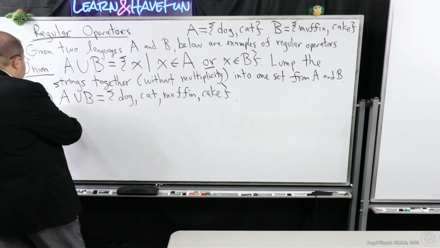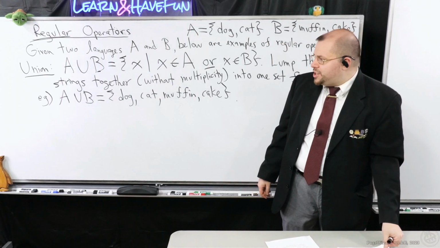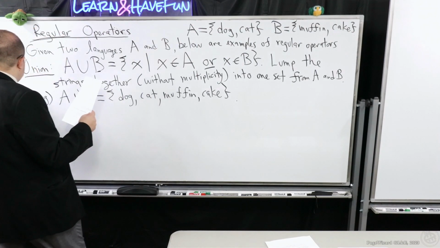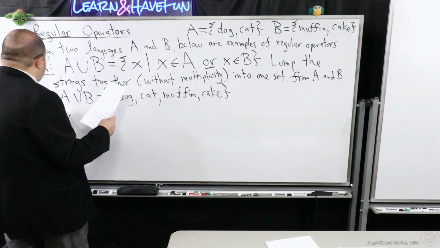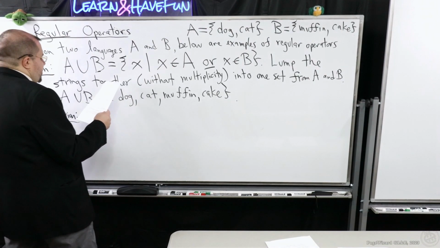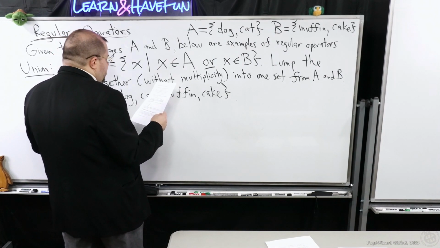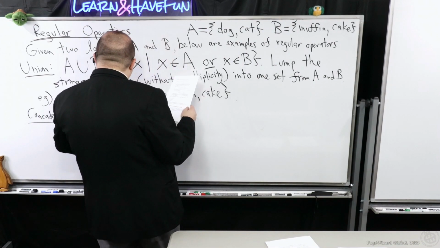Next, I've got to talk about concatenation. We previously talked about concatenation, but I haven't talked about concatenating languages. Some would write this as A dot B, or even make this a solid dot.